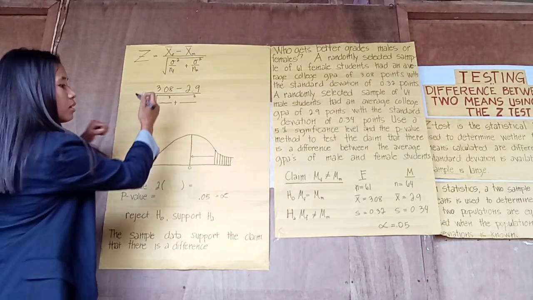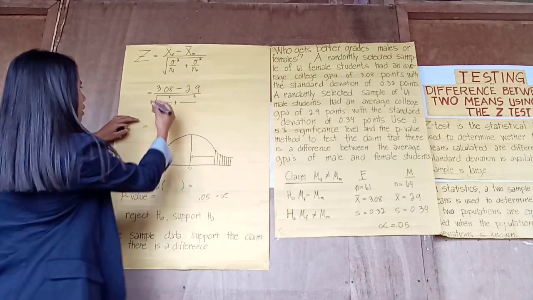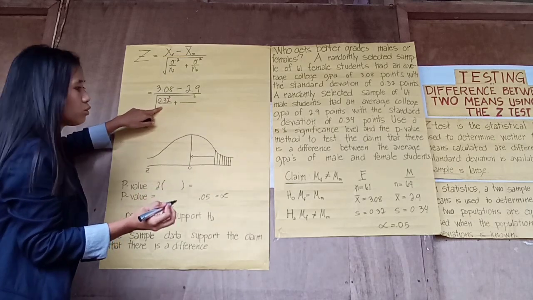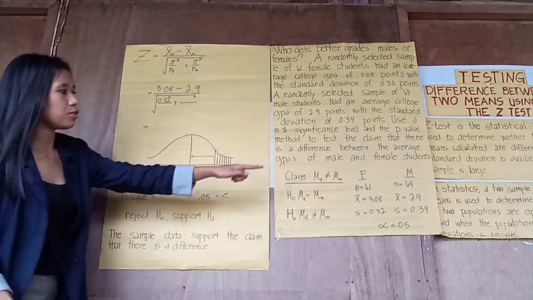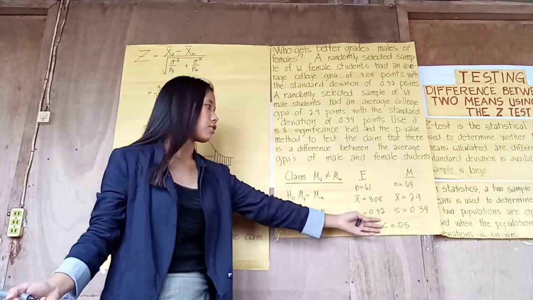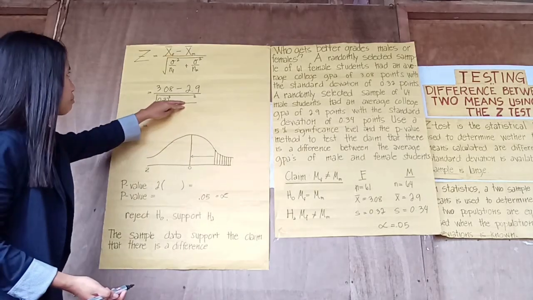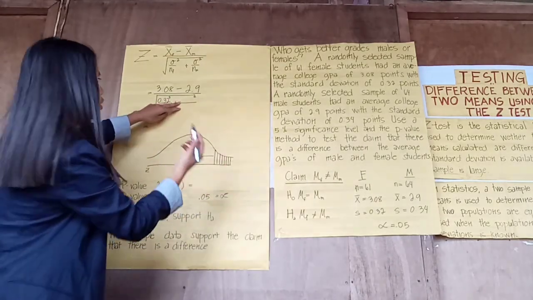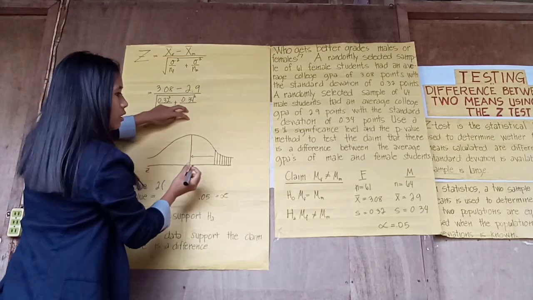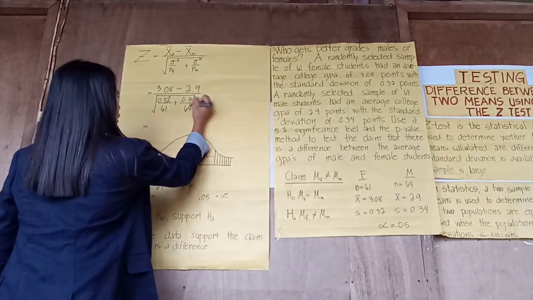So the standard deviation of female, we have 0.32 squared over the sample size of female, 61. And then for male, we have 0.34 squared over the sample size, 64.